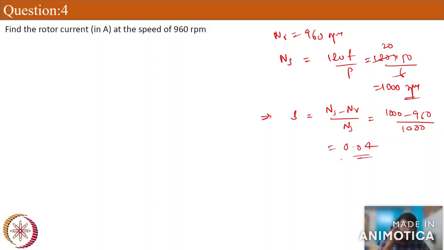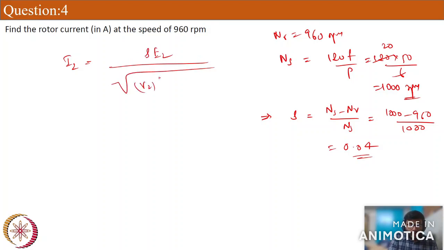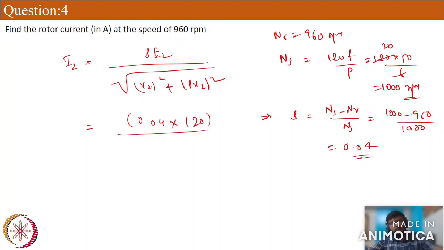Okay, we have calculated slip. What do we need to calculate exactly? We have to calculate the rotor current. If we have slip in the picture, the formula is SE2 divided by the square root of R2 square plus SX2 square. The slip is 0.04. E2 is the standstill rotor induced EMF, that is 120, given in the question.